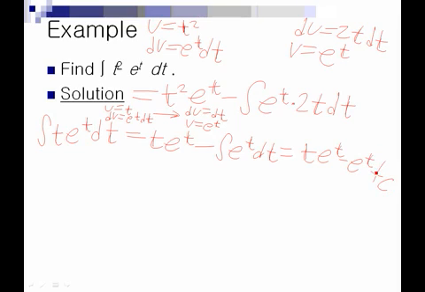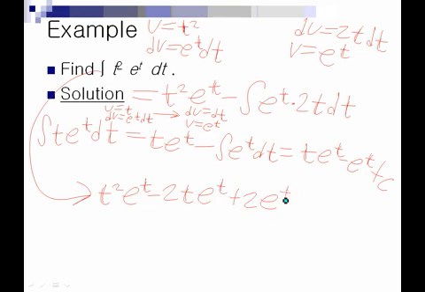But so now we just need to multiply this by -2 and add it to t squared e to the t for the general formula, and so we get t squared e to the t minus 2t e to the t plus 2 e to the t and then plus some arbitrary constant.